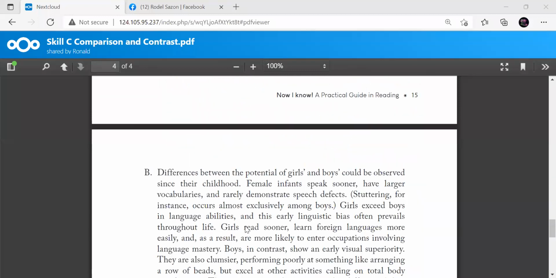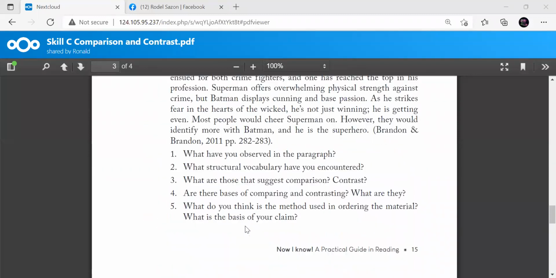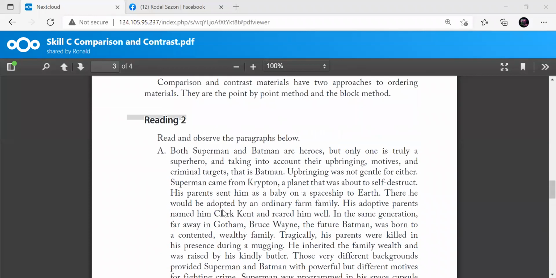If we are to do this as a block method. So the first paragraph, introduction, you can probably talk about a short discussion of their background sa first paragraph na. Pagka second paragraph, you talk about Superman first.